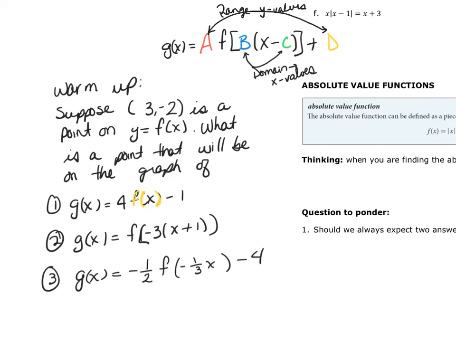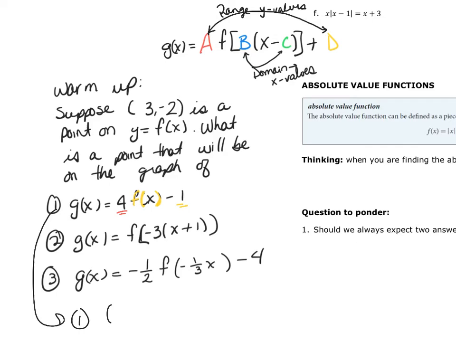So I look at what I have, and this is A, so that's going to mess with my range. And this is D, so that's going to mess with my range. So if I come down here and I do the first one, I take my ordered pairs one more time.